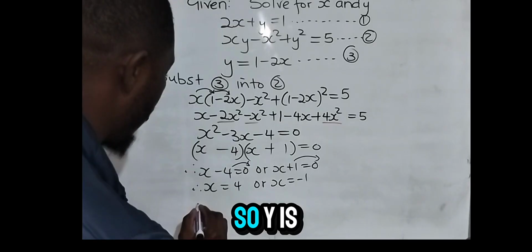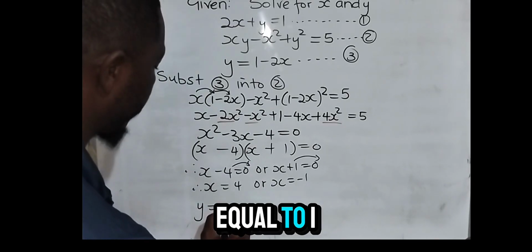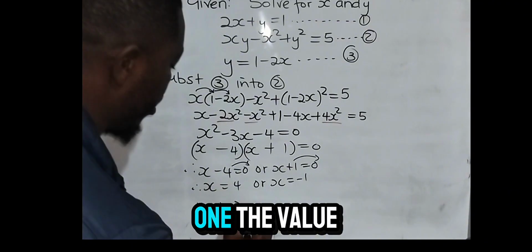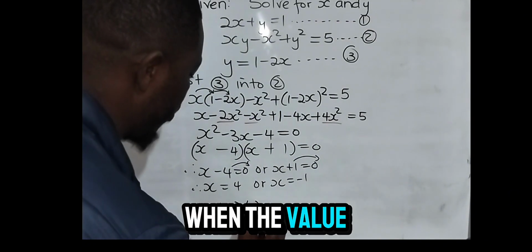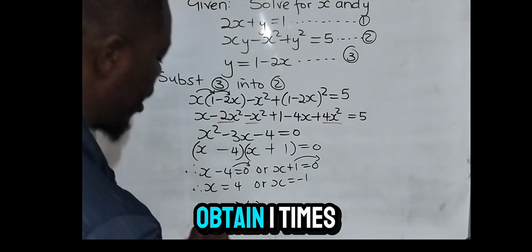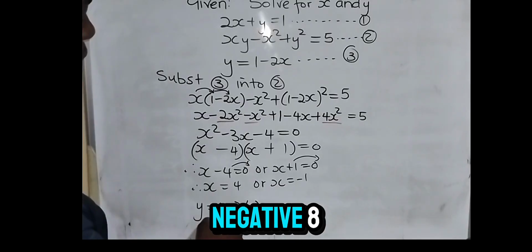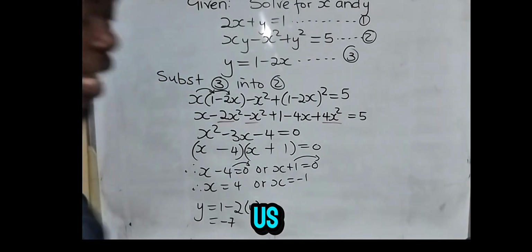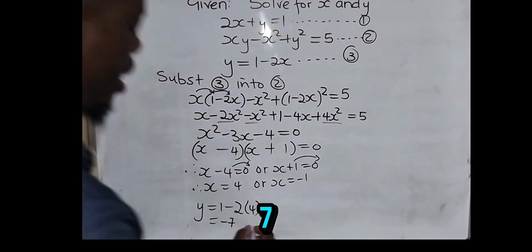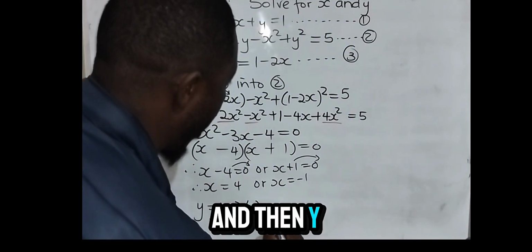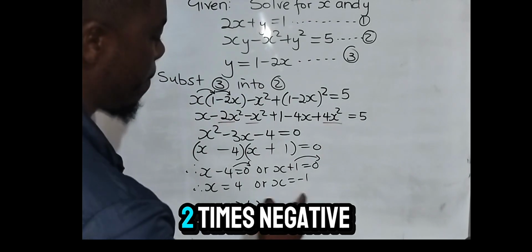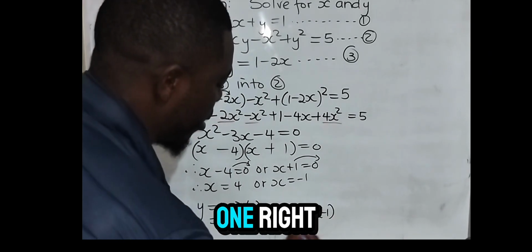So y is equal to 1 minus 2. For this one, the value of x is 4. When x is 4, we obtain 1 minus 8, and that's going to give us negative 7. And then y is equal to 1 minus 2 times negative 1.